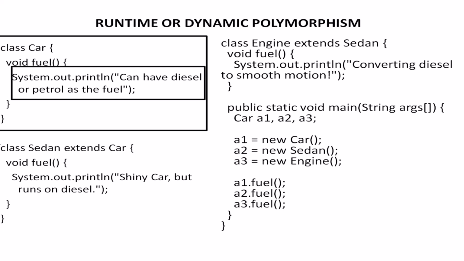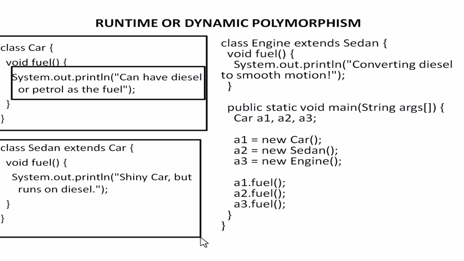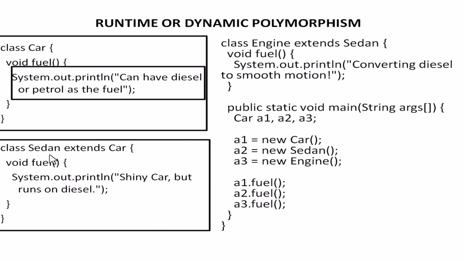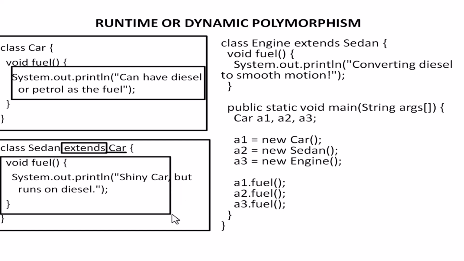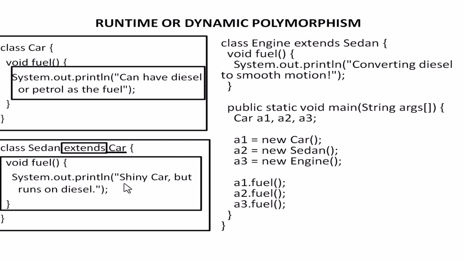Then class Sedan, which extends from Car by using inheritance. It also has the same method called fuel. It is going to show different text. The first text is: car can have diesel or petrol as fuel. The second text is: shiny car but runs on diesel.